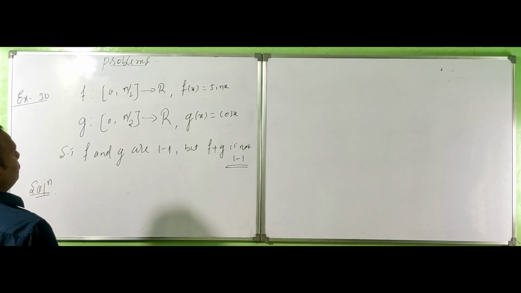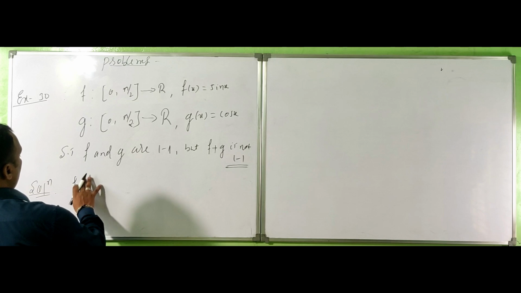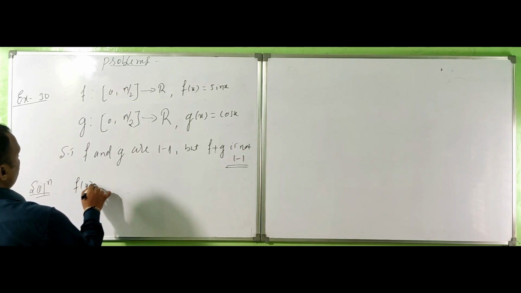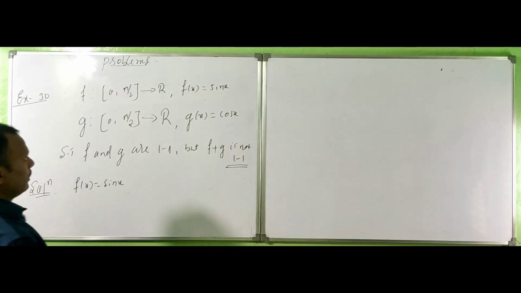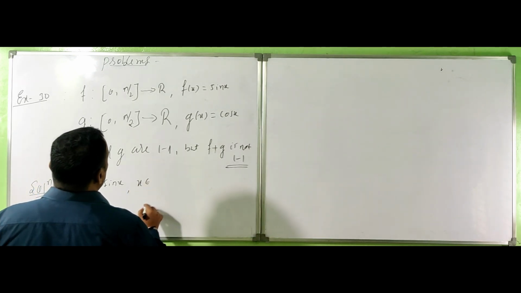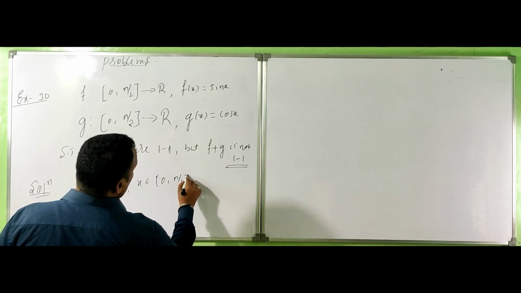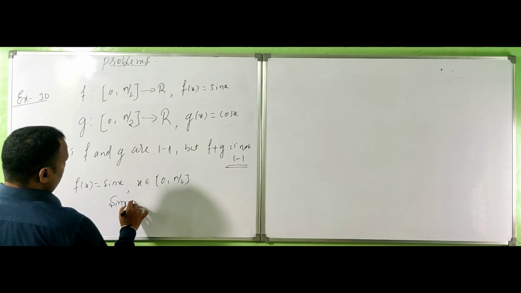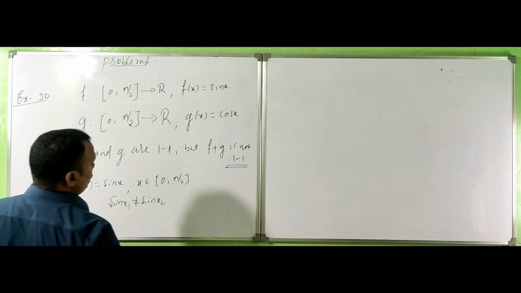For f first, f of x is equal to sin x. For any x belonging to 0 to pi by 2, sin of x1 is not equal to sin of x2 for different values.